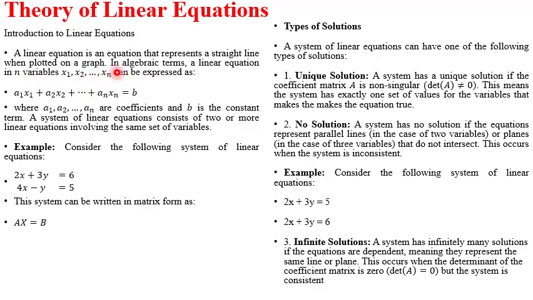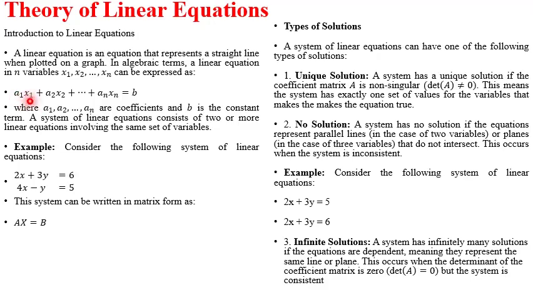Let's say you have 10 variables, so variable 1 can be x1, variable 2 can be x2, variable 3 can be x3, and so on and so forth until you get to x10. And this can be represented in such a way that each of the variables have coefficients.